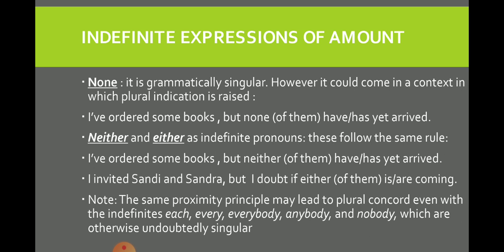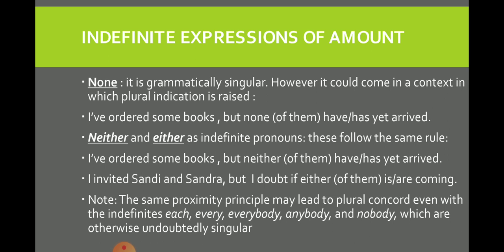Since the first part of this sentence is plural, some books, here none could indicate a plural noun, and that's why we are free to consider it as singular or plural.